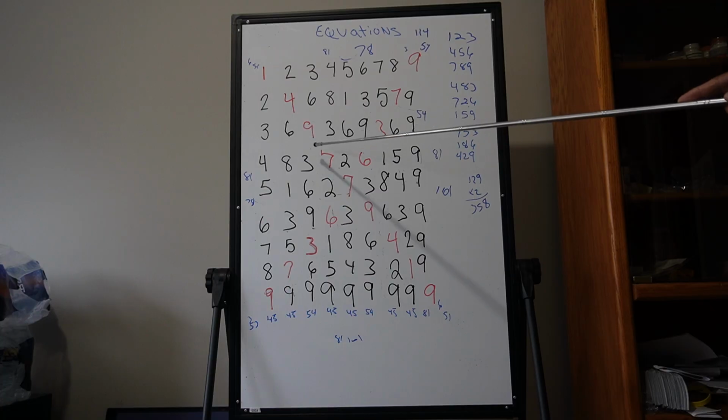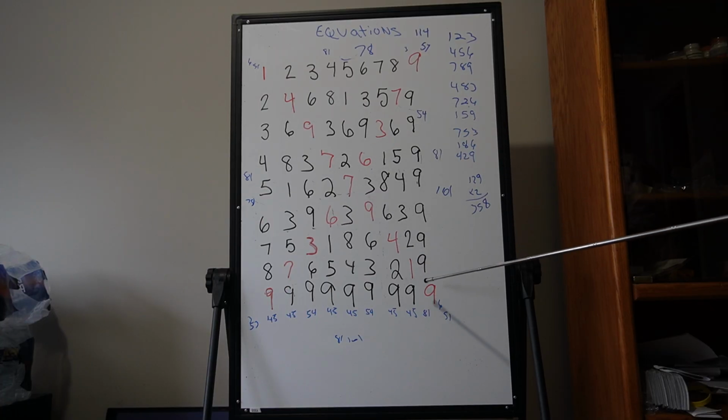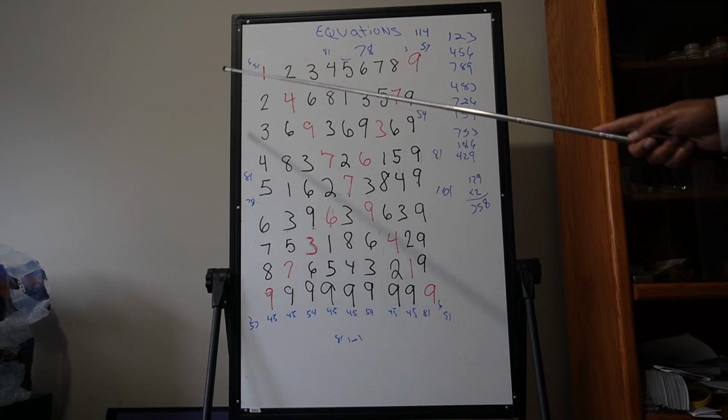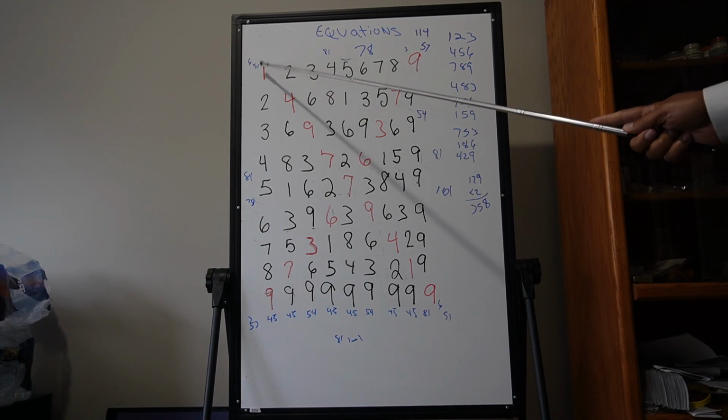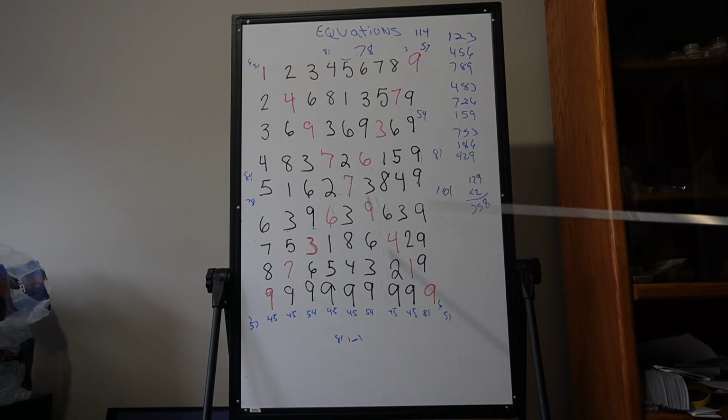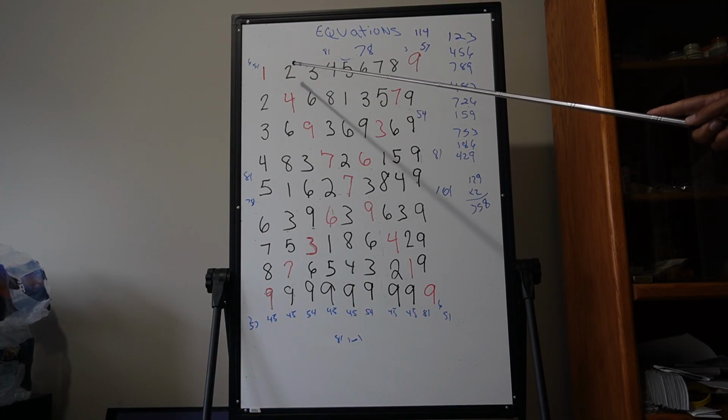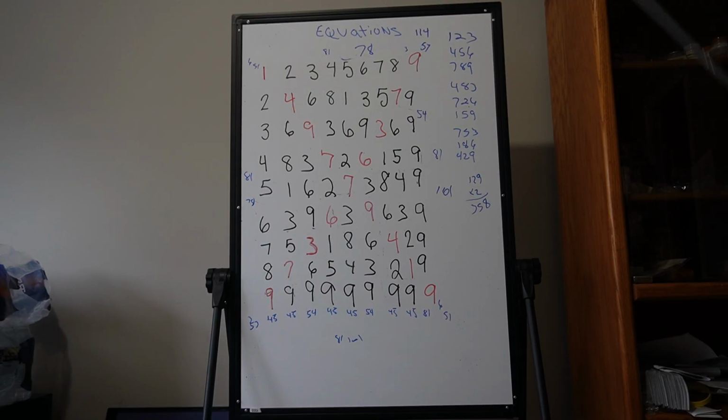So once again, remember what each number means, and look at the codes here. You got 1, 4, 9, 7. You got the codes within this pattern here, and this pattern is the pattern of 2.